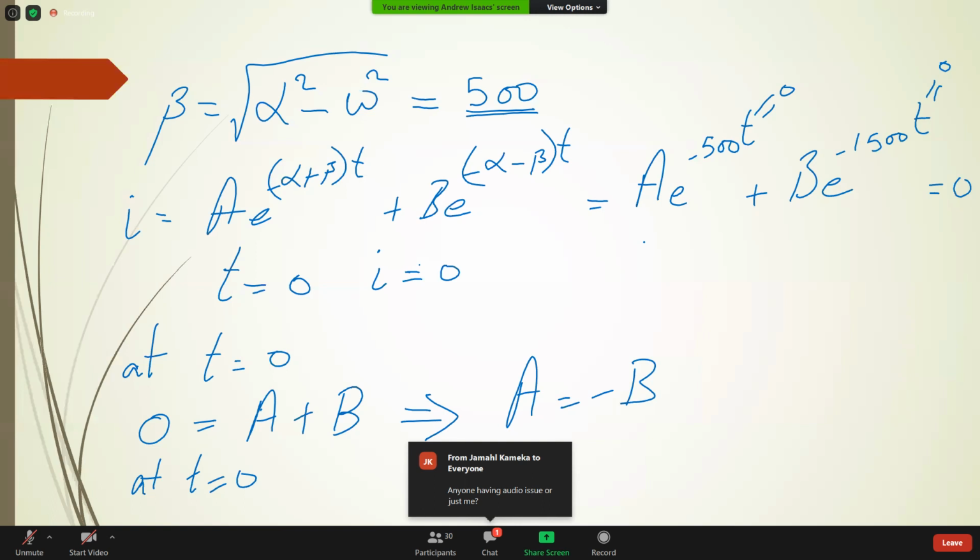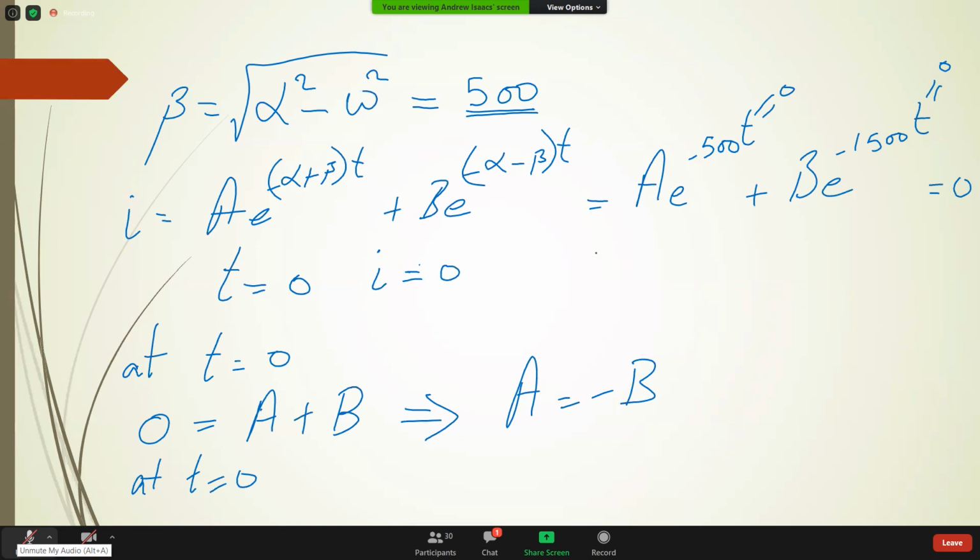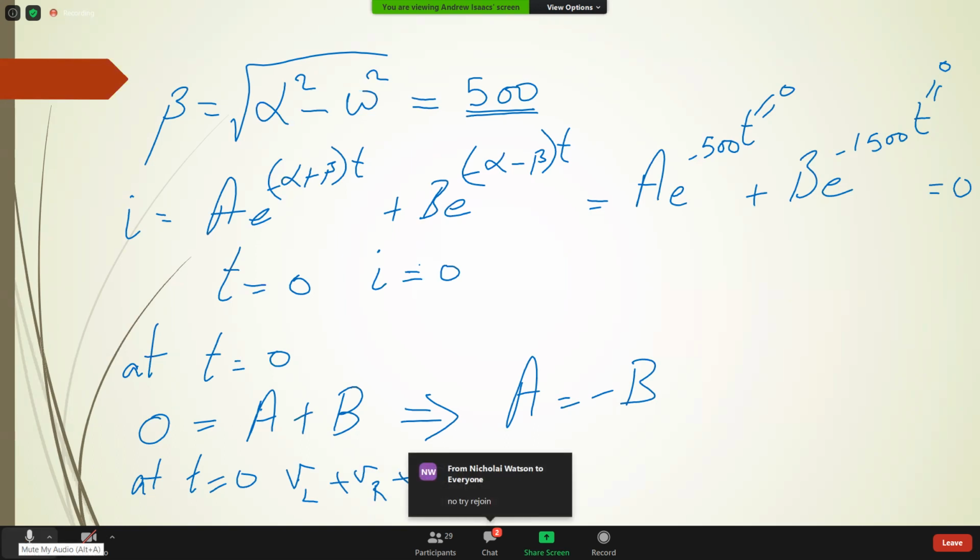But why are you saying it's equal to 0? Would it be equal to the voltage source? KVL, sir. Exactly. So if it's KVL, what we are saying is that VL plus VR plus VC, those are the voltage drops in the circuit, do you agree?